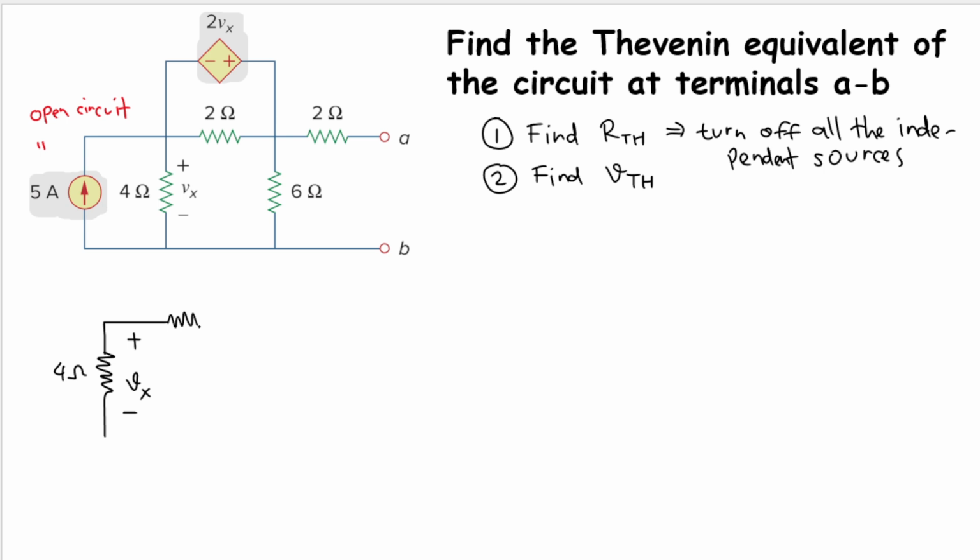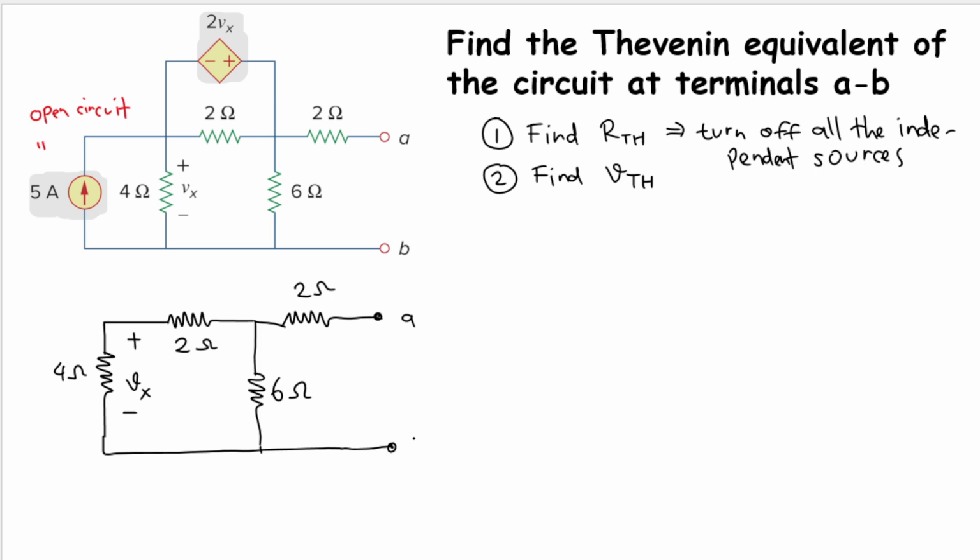And then we also have this 6 ohm resistor. And then we still have this 2 ohm resistor here. And so this is terminal A, and here we will have terminal B.